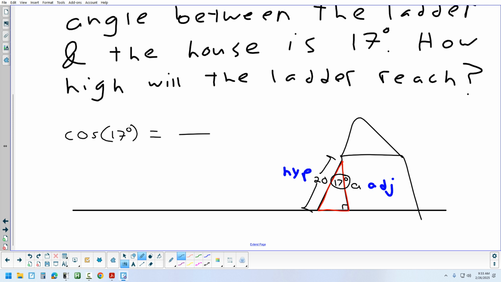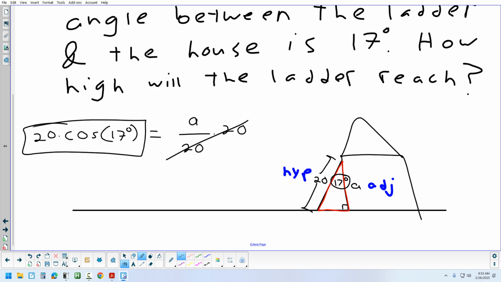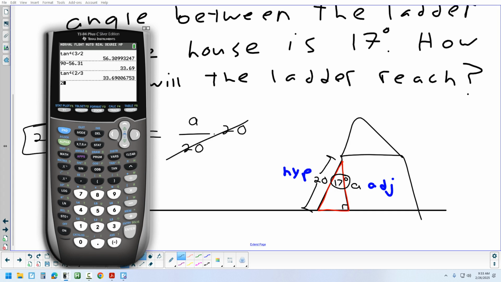So cosine of 17 equals, and what goes on the other side? A over 20. Get rid of your 20 by multiplying, and that is how high the ladder is going to reach. So it's still going to be pretty high, but it's not going to be 20 feet. It's about 19.13 feet.